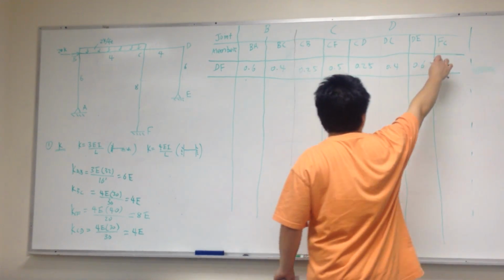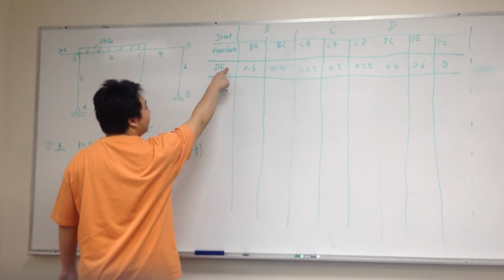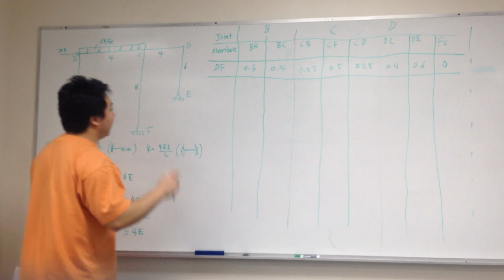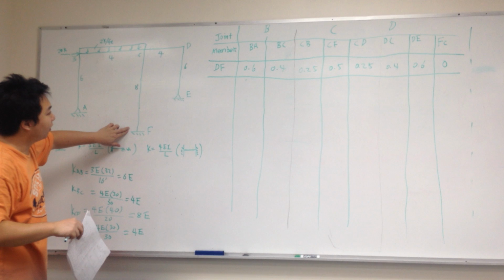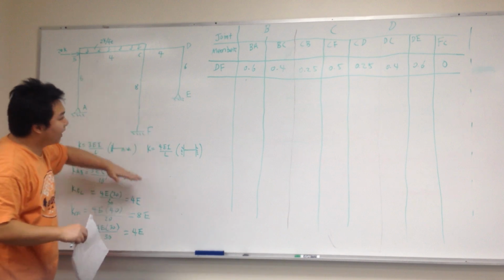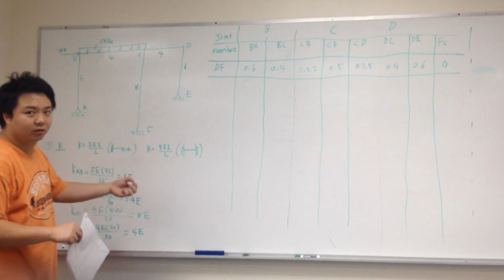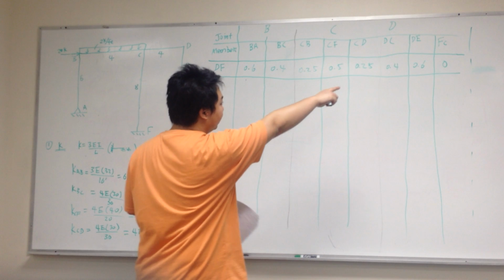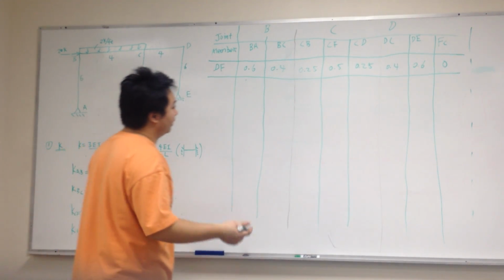The reason why the distribution factor for CF and FC is 0 is because at this point it touched the ground, it's a fixed support, so it's 0.